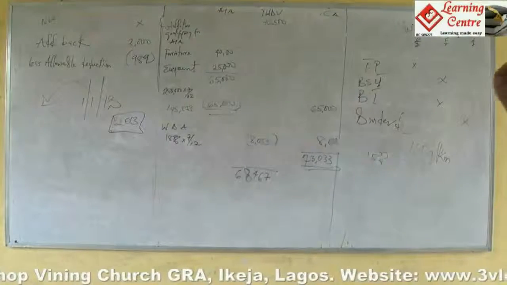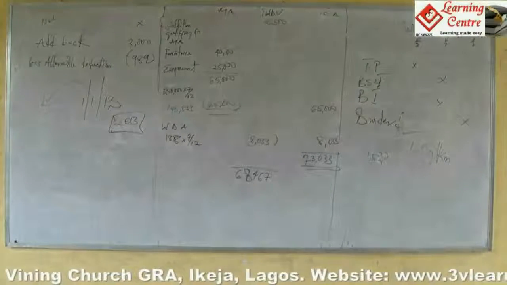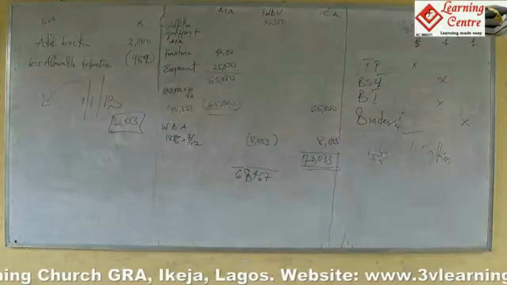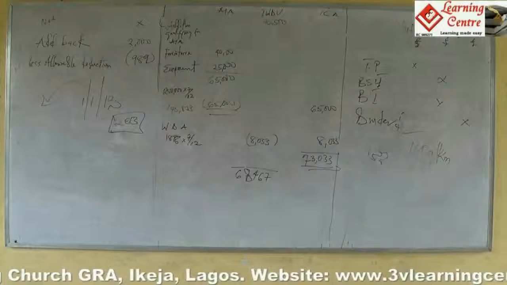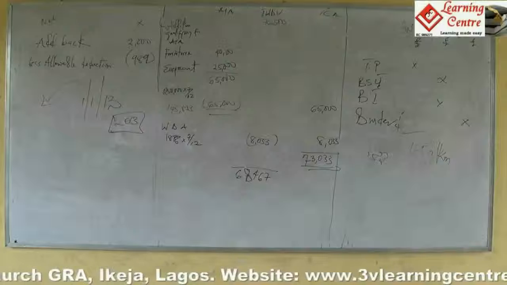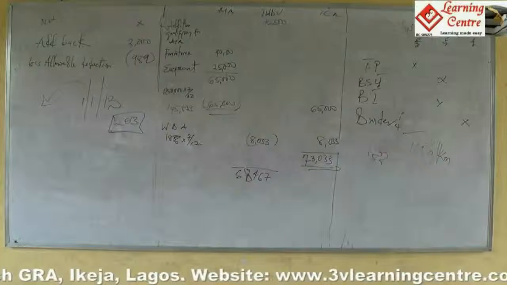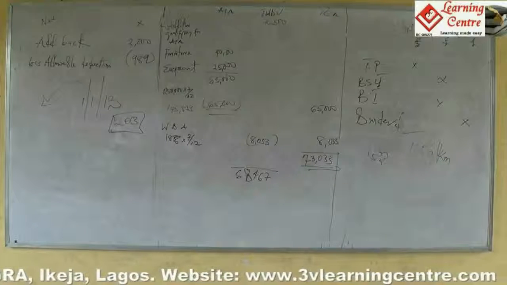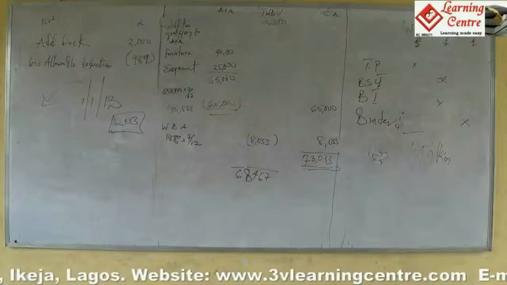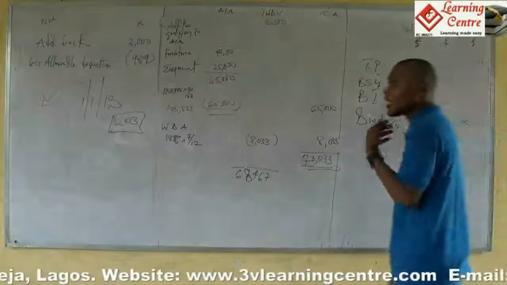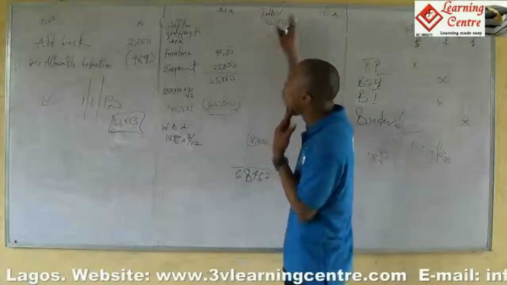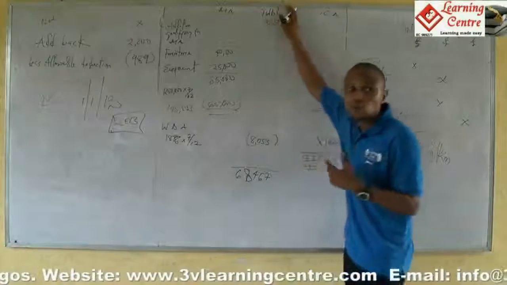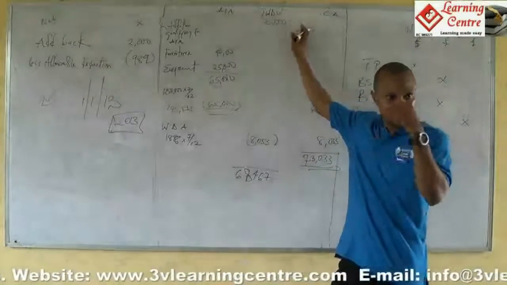The only instance where we have it is in the year of cessation, because when you're closing up your business, you tend to sell off everything that you have, and at the end of the day you compare what you get. But majorly, we normally have balancing allowance or charge on items that we keep separately.